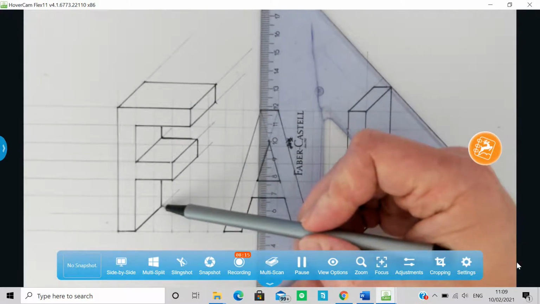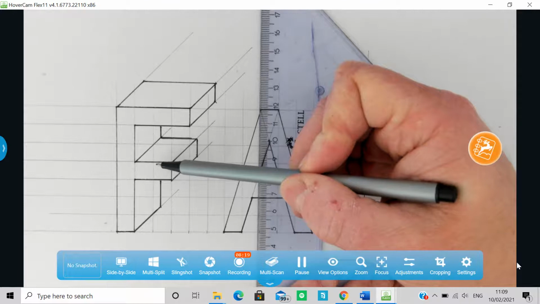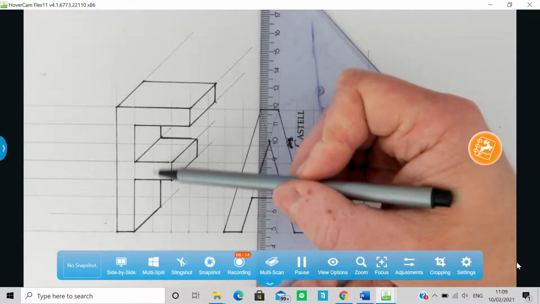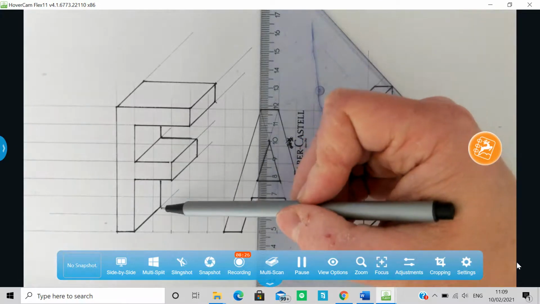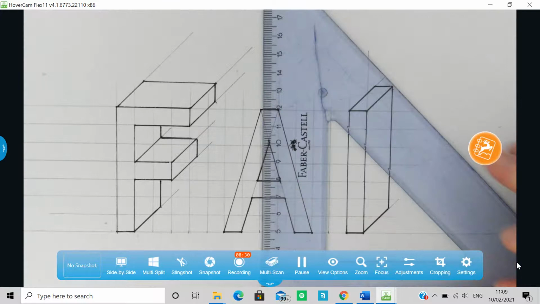These 2 points, this one here and this one here, I haven't joined them to anything, but I know that they're vertical, and since it's behind the first step of the F, I can just stop there. So you're just drawing those lines vertical and stopping.